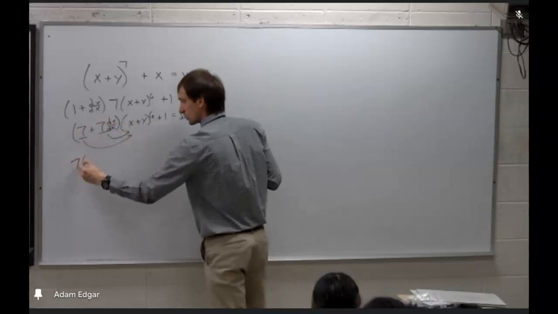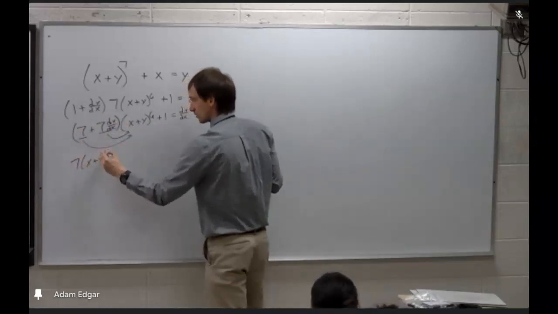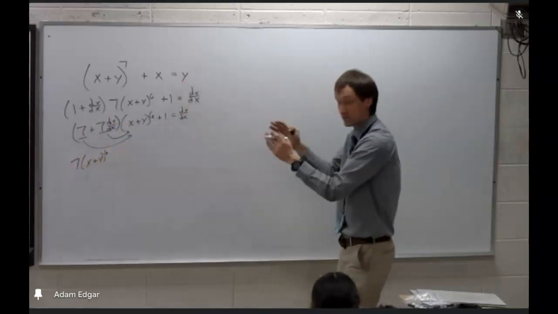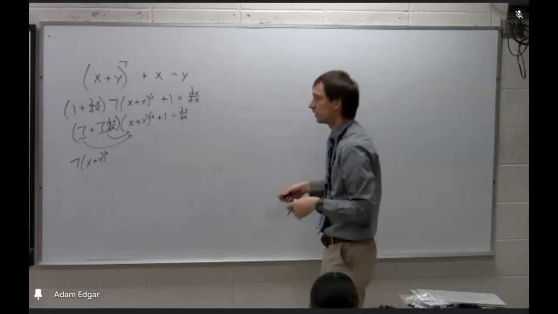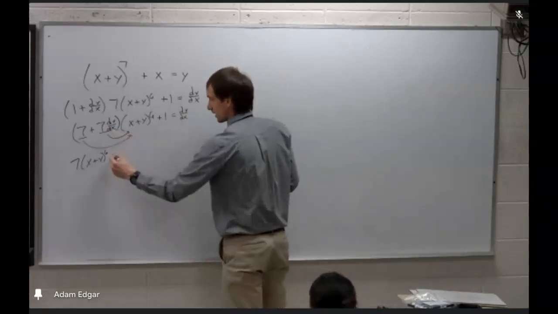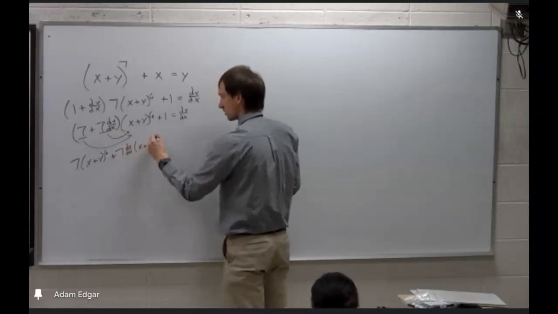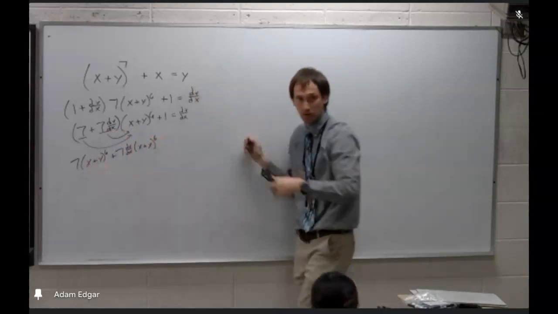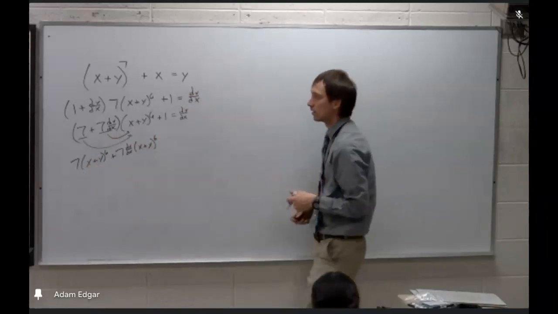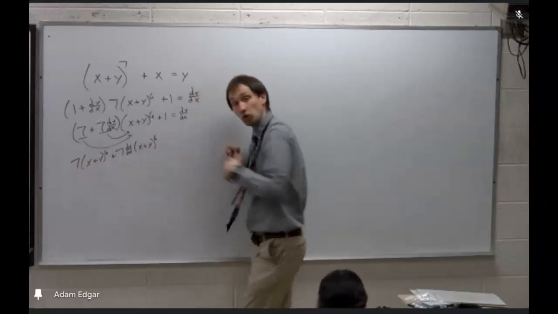So we'll just sit the 7 in front of the x plus y and say 7 times x plus y to the 6th. And we do the same thing with the 7 dy dx. The 7 dy dx also multiplies the x plus y to the 6th. We can't distribute it through the parentheses because of the exponent. So that exponent kind of blocks a full distribution.